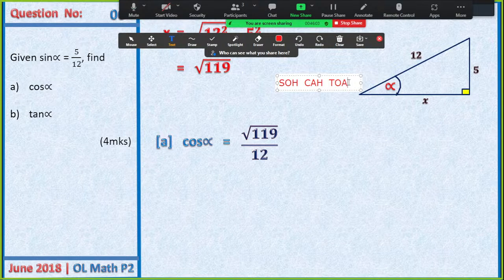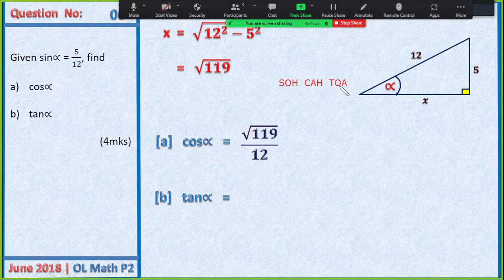So if I'm using cos now, my cos alpha will be equal to adjacent over hypotenuse, that is KA. My adjacent side is the square root of 119 over hypotenuse, which is 12. And we can now find tan.